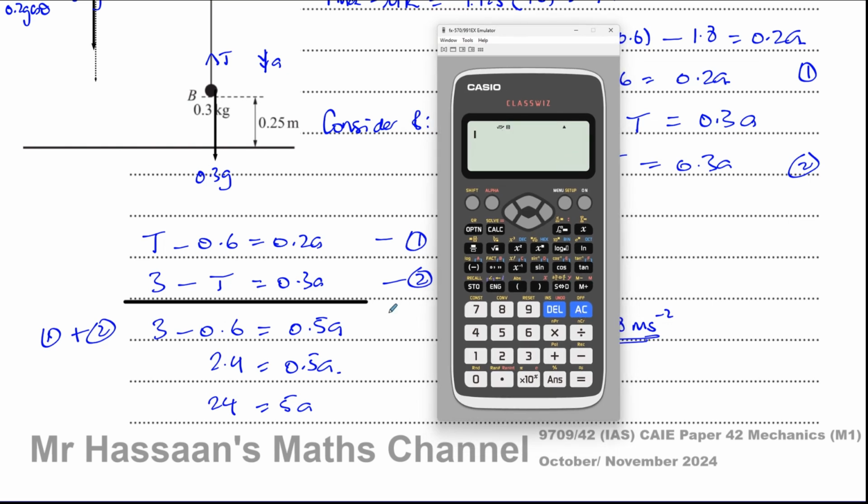We have 3 minus 0.6, that's 2.4. That's right. And then we divide that by 0.5, which gives us 4.8. Good.